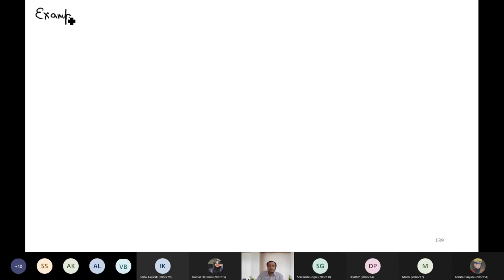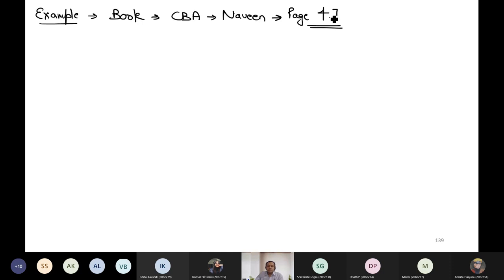The book is Concept Building Approach, and the example is given on page number 4.7.